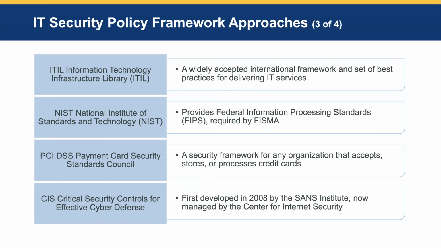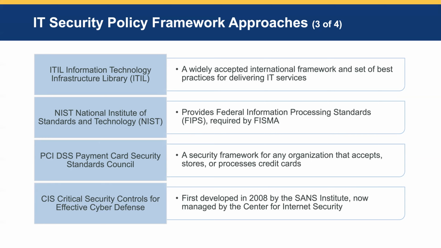You also have the PCI DSS, the Payment Card Industry Security Standards Council. They provide a security framework for any organization that accepts, stores, or processes credit cards. And then you also have the CIS Critical Security Controls for Effective Cyber Defense.